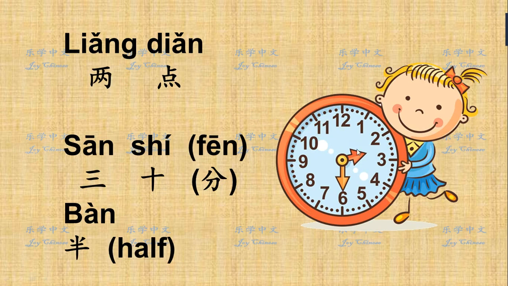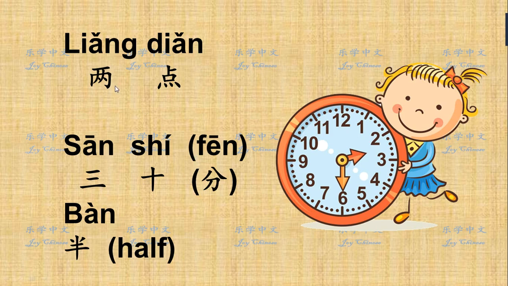Okay. So next one, for half an hour. Here is 2:30, right? You can say it both ways in Chinese. Say 2点30, or you say 2点30分钟, or you can say 2点30分. So this 分 can be put at the end or not, up to you.